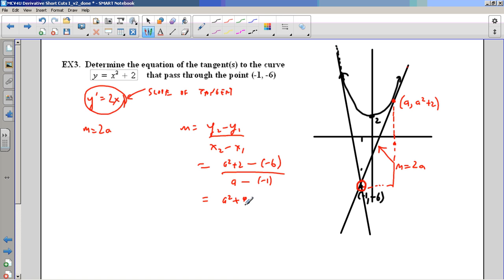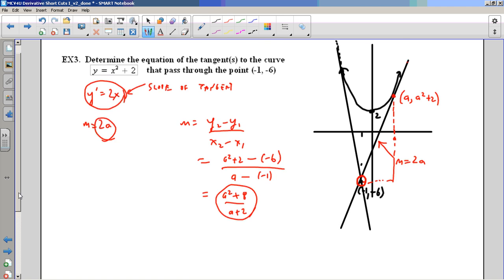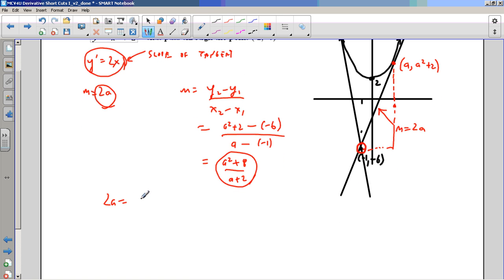Collect some like terms up here, A plus 2. And so these two expressions are equal. This thing has to be equal to this thing.